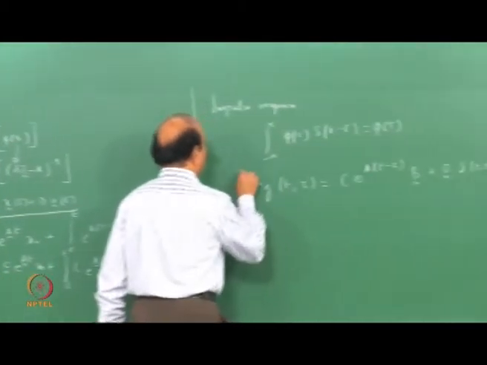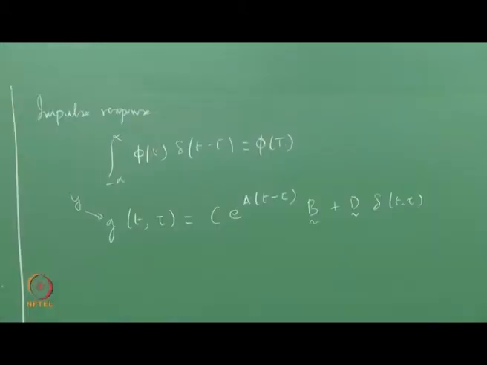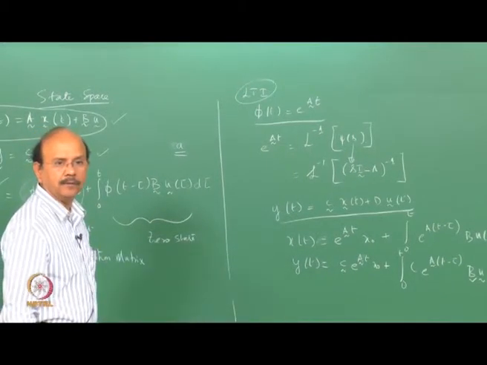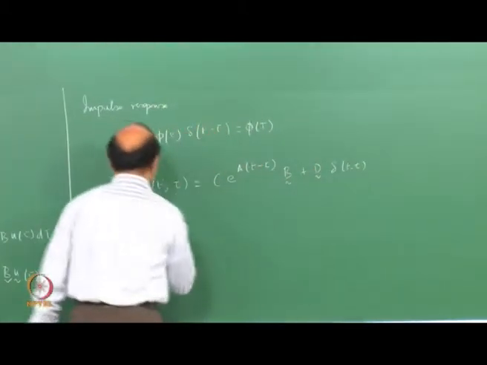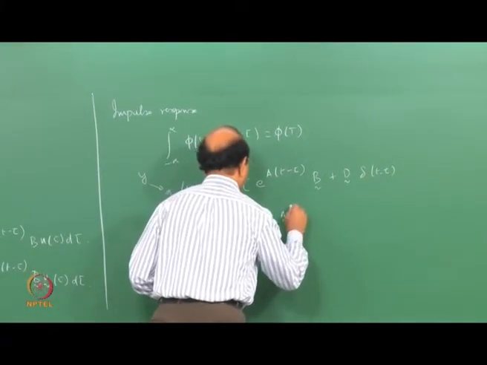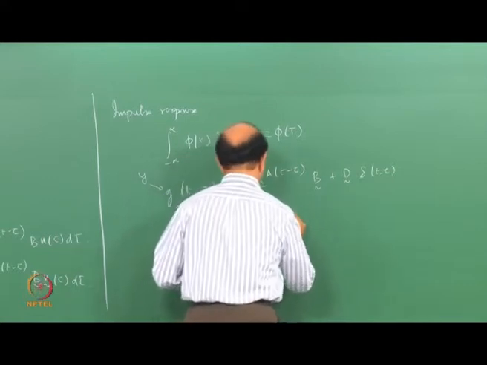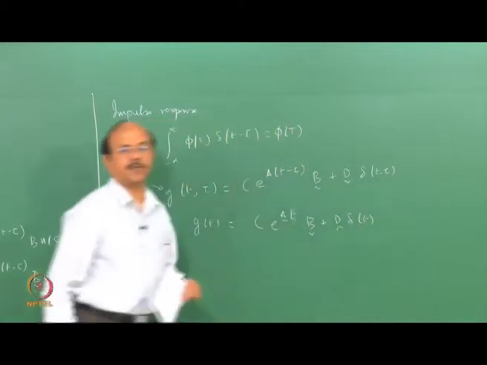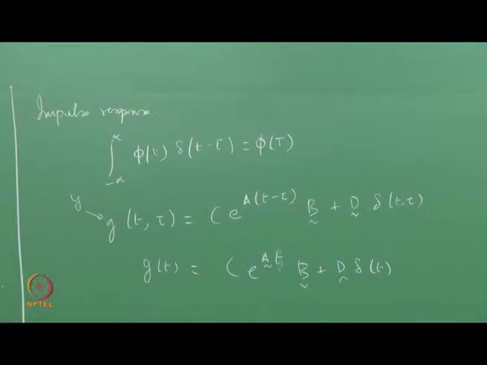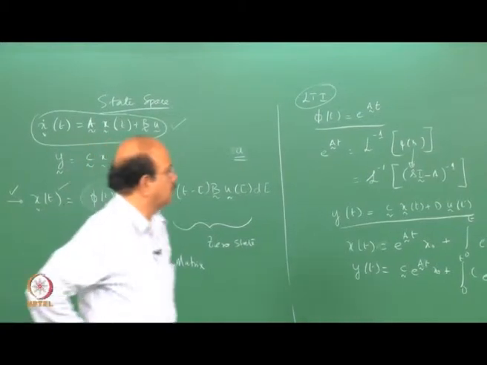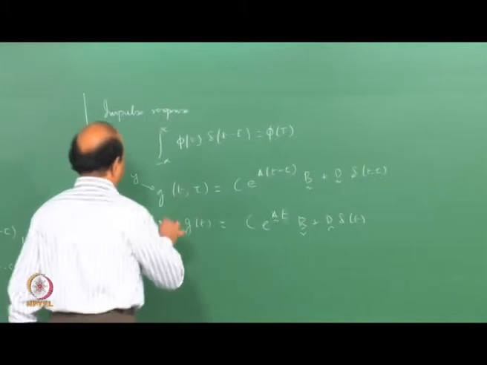From y, I determined that expression, and then I write that as g. Now by a change of variable I can write that down. So that is the impulse response of the system.